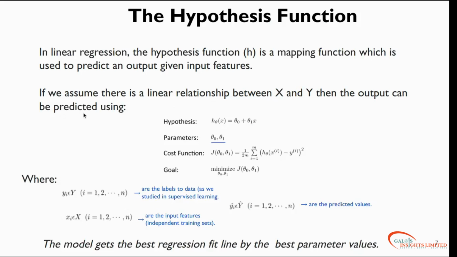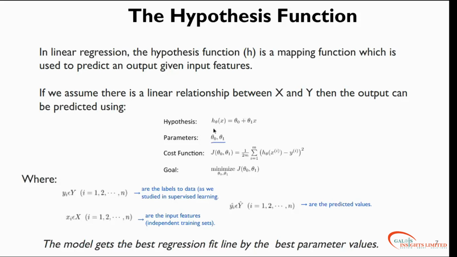If we assume that there is a linear relationship between your input features and your target, which is your output feature, then the hypothesis function will be represented by the first equation I have here: h theta of x equals theta naught plus theta one x. Theta naught and theta one are what we refer to as model parameters, chosen to maximize the accuracy of the model.